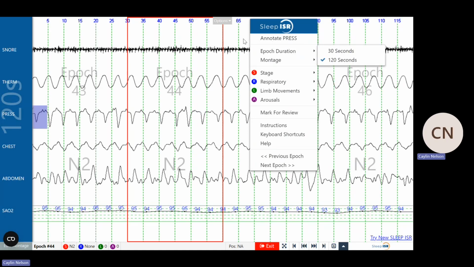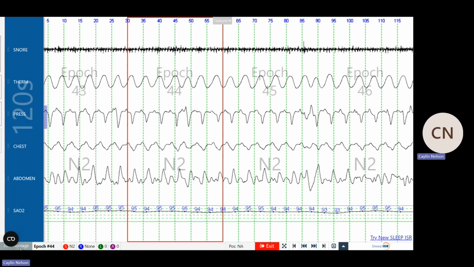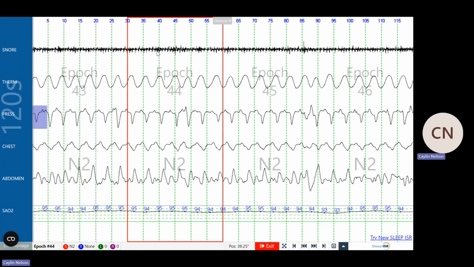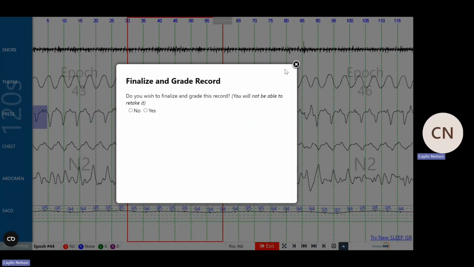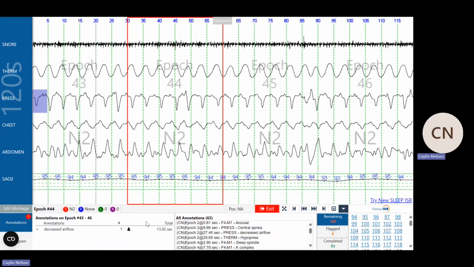Now we have those 4 epochs that we're looking at. We already determined that that slight decreased airflow from the beginning of 43 didn't have any change, so it was not qualified as a hypopnea in the sense of change from the oxygen levels.